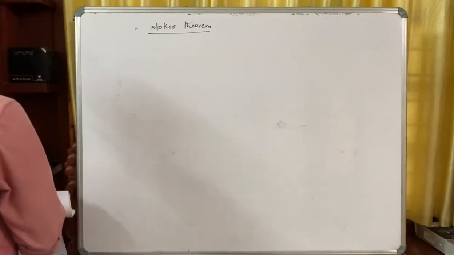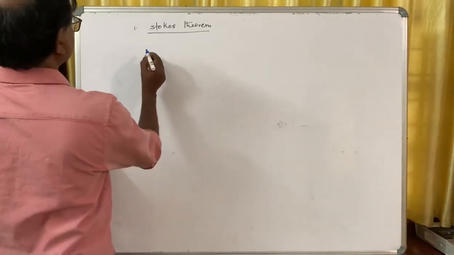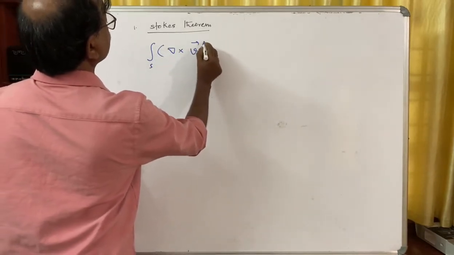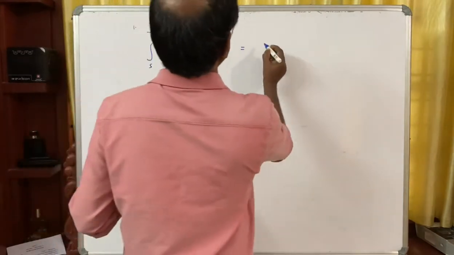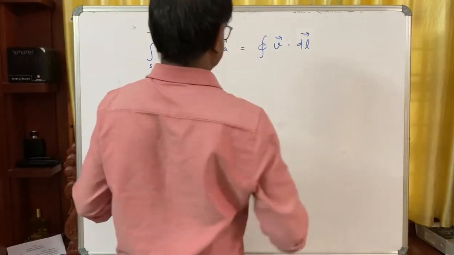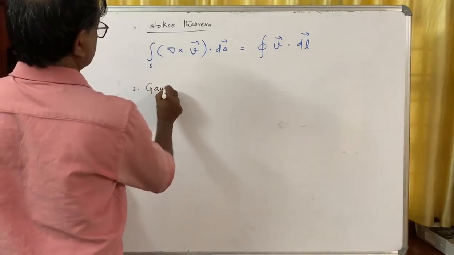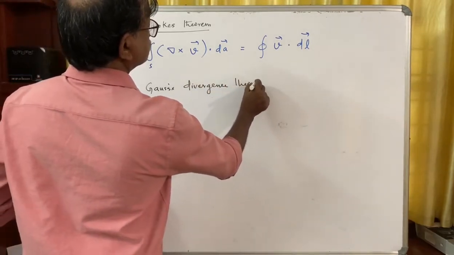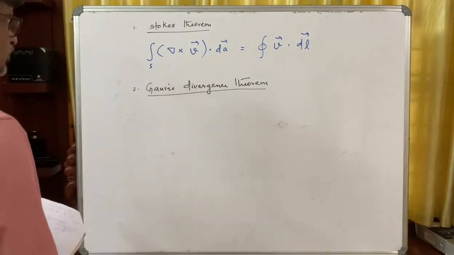According to Stokes theorem, the surface integral of del cross a vector v dot dA can be written as the line integral of vector v dot dl. And the second one is Gauss's divergence theorem. It is also known as Green's theorem.